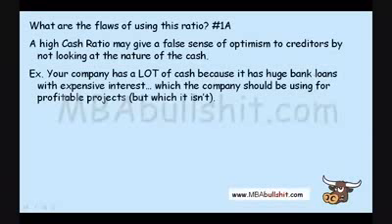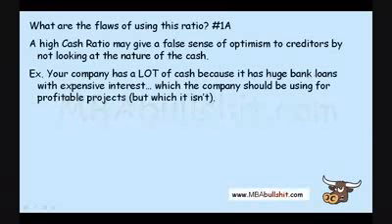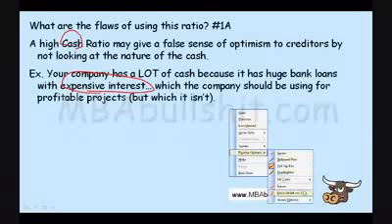But what if it borrowed a lot of cash from banks, is paying a lot of expensive interest, and the company should be using this cash for profitable projects, but it's not? What's going to happen is you're not earning much profit, but your company will have to pay a lot of expensive interest because of this cash that it's borrowing.